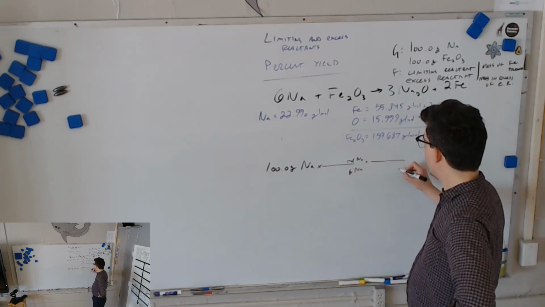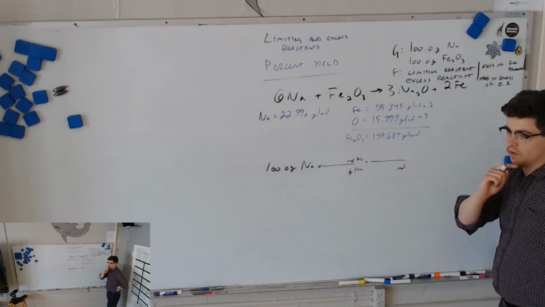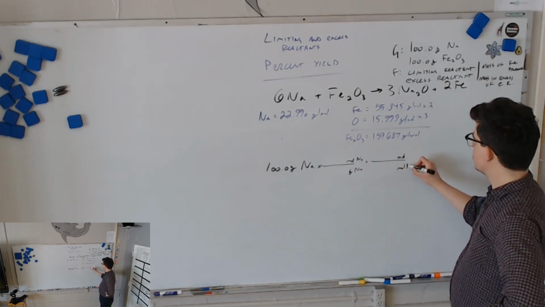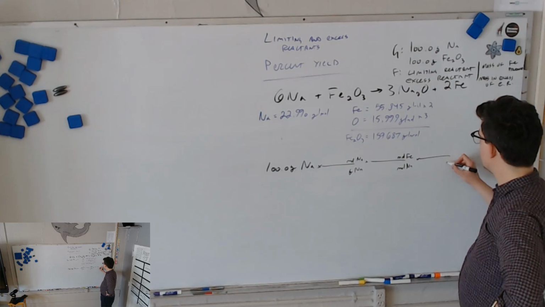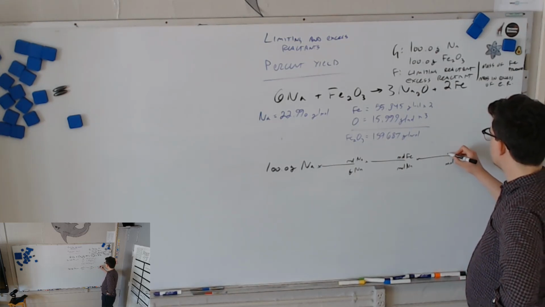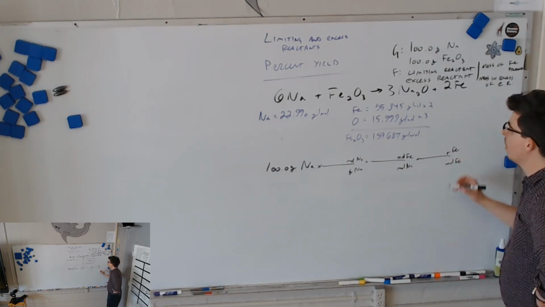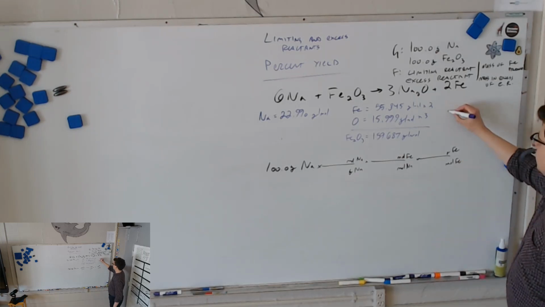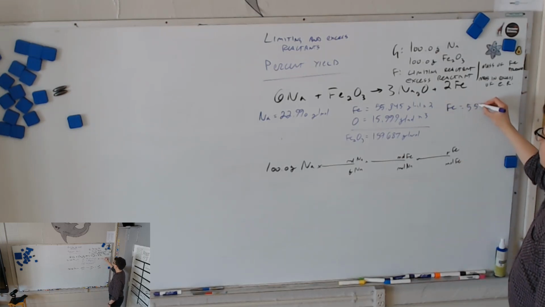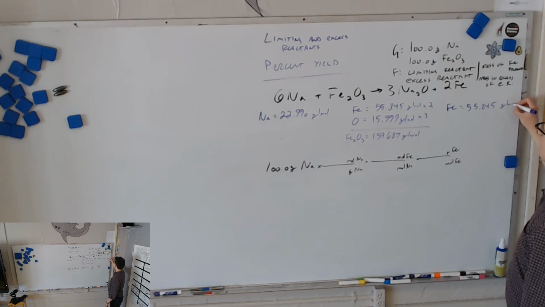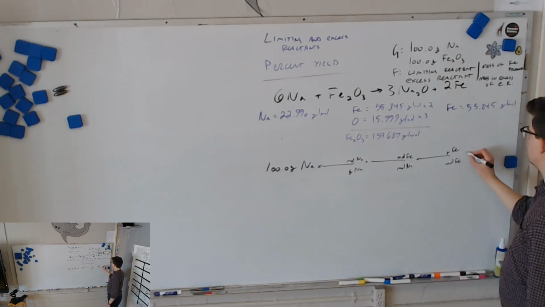We always want to do our units first. Moles of sodium to moles of iron. And then moles of iron to grams of iron. We're also going to need the molar mass of iron, which we already have up there, 55.845 grams per mole. Nice. This is looking swell.